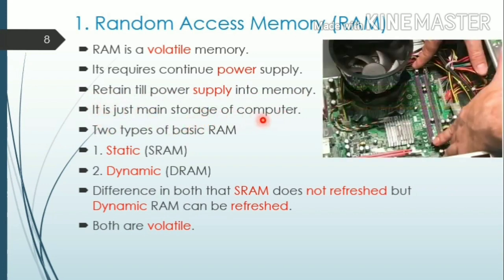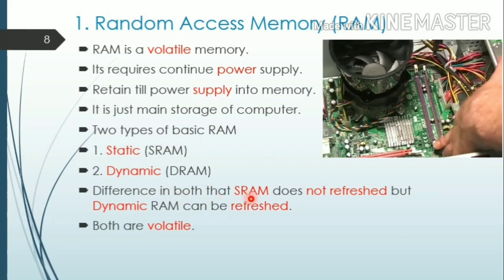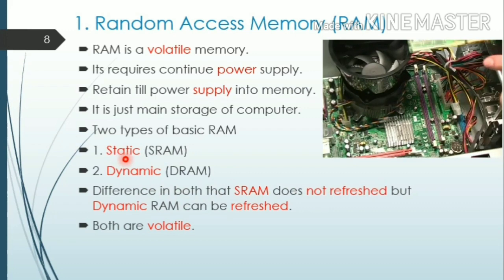It is the main storage of the computer, and there are two basic types of RAM, one is static and second is dynamic. And the difference is what? SRAM does not refresh because it is static, it remains the same.